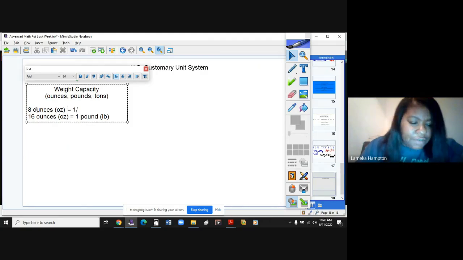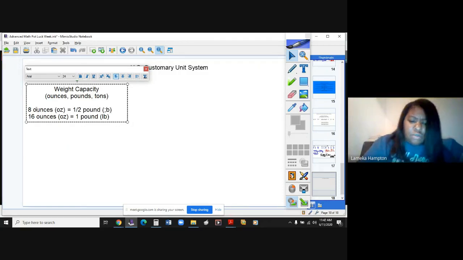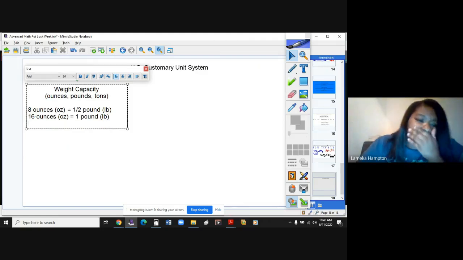Equals 1/2 of a pound. Now, that lets me know that ounces are counted by multiples of 8.